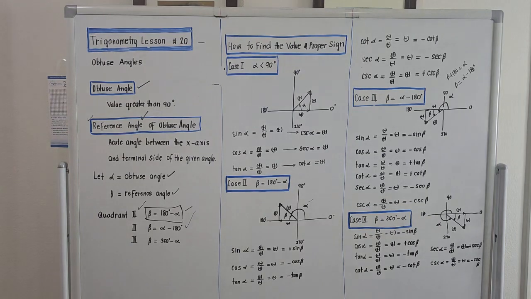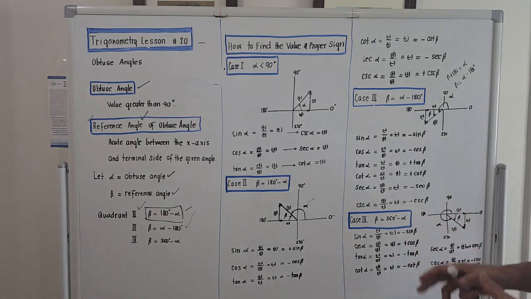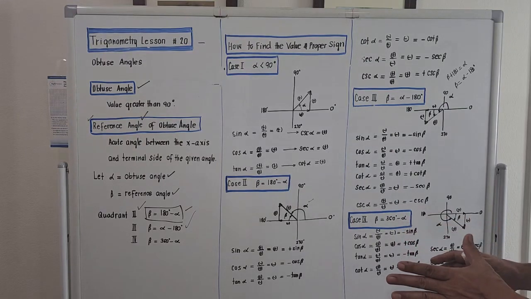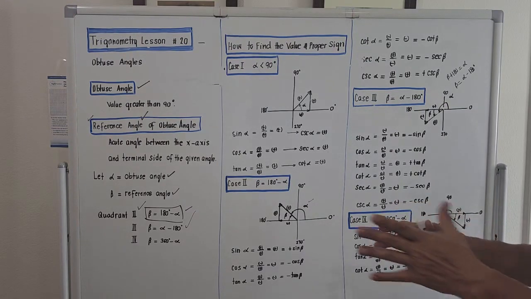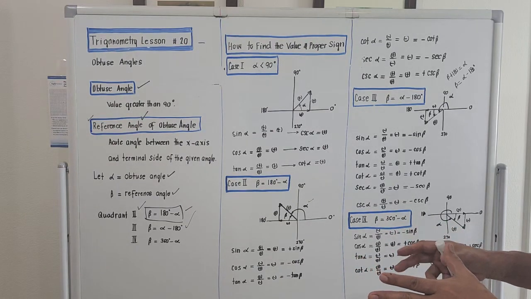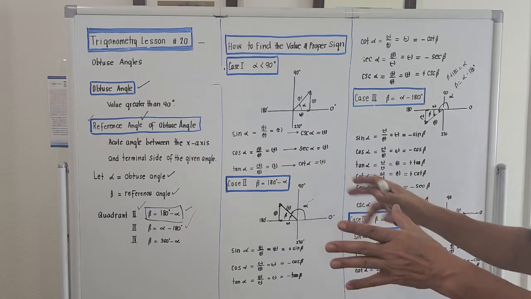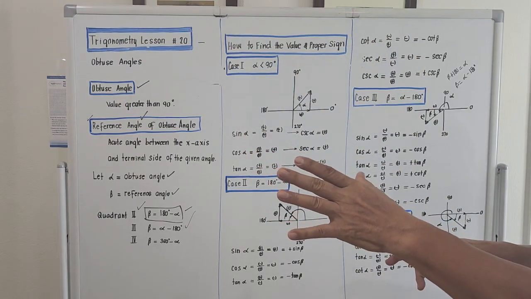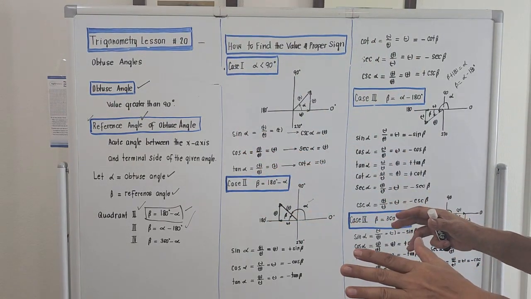Okay, we should know how to compute the reference angle, because in the computation of the value of the different trigonometric functions, if you were using the table, you could not locate the value of an angle in the table of trigonometric functions before, without a calculator yet.